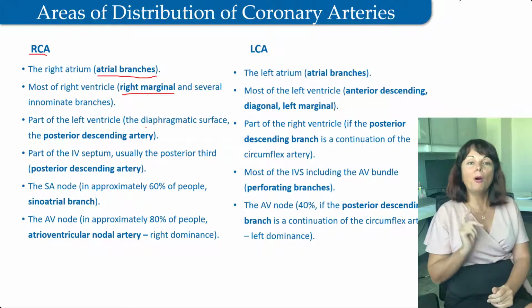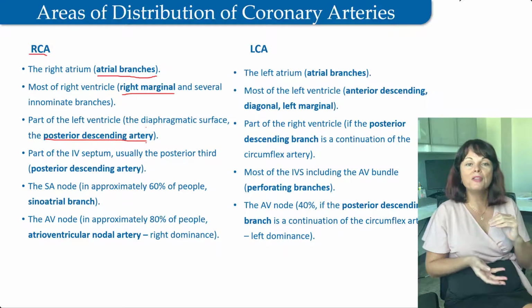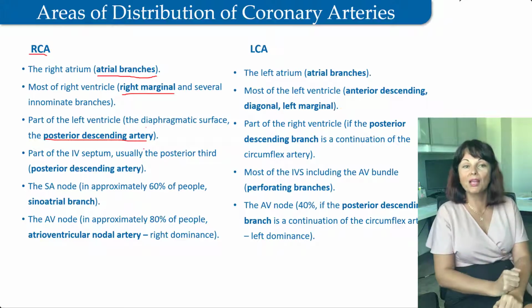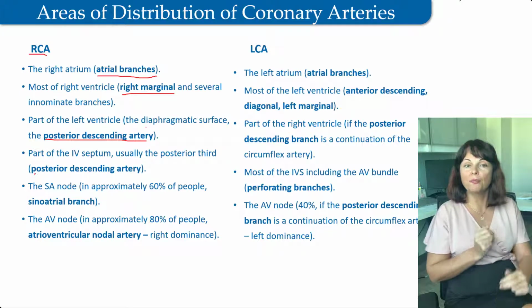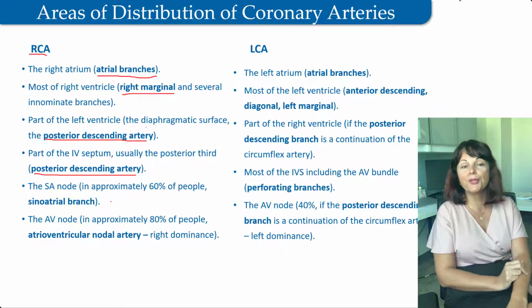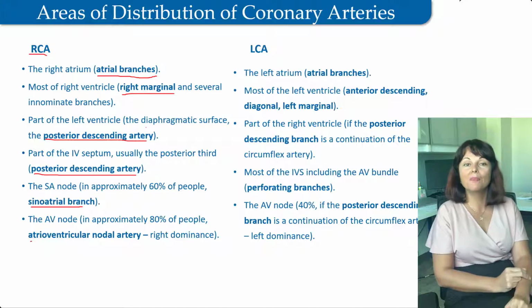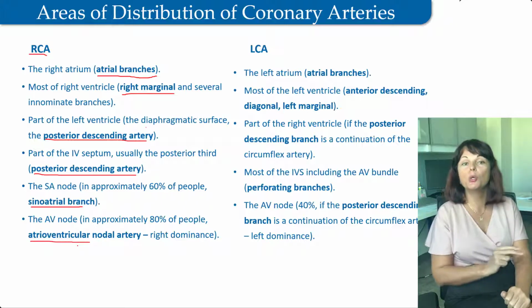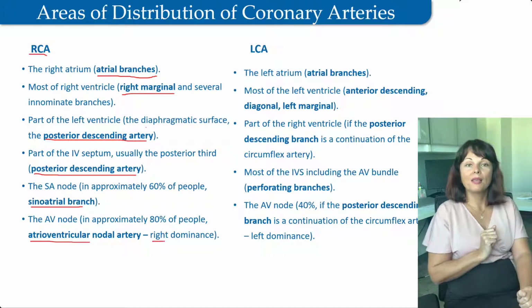It supplies part of the left ventricle on the diaphragmatic surface of the heart via the posterior descending artery and its branches, and part of the interventricular septum, usually the posterior third of it, by posterior descending artery. Additionally, it often gives branches to the sinoatrial and atrioventricular nodes, the sinoatrial and atrioventricular branches, correspondingly, in case of the right dominance of the heart.